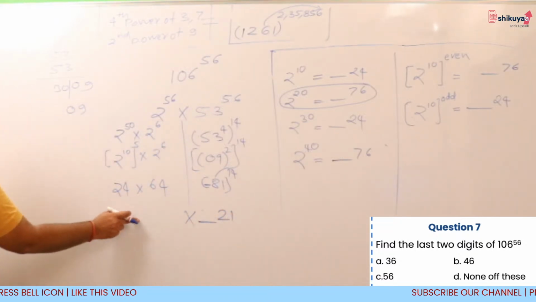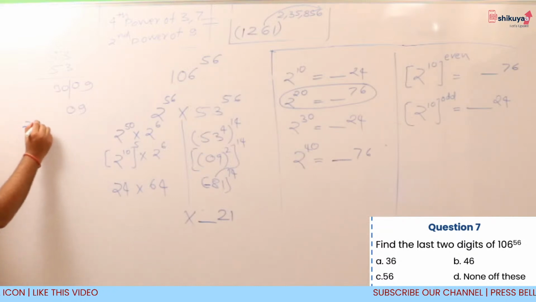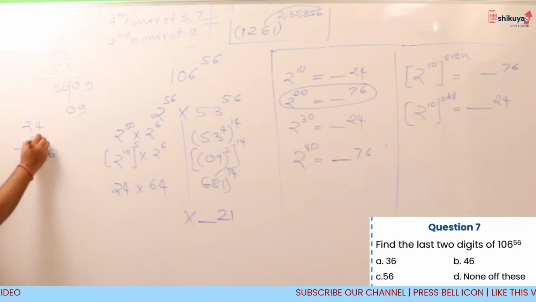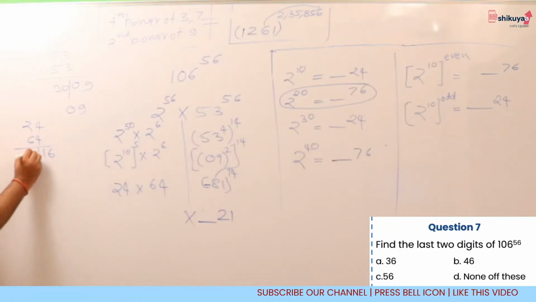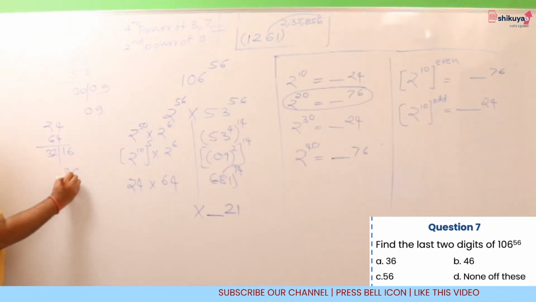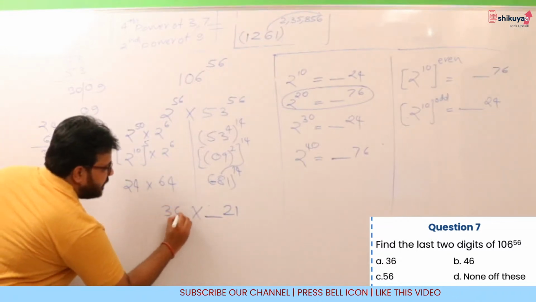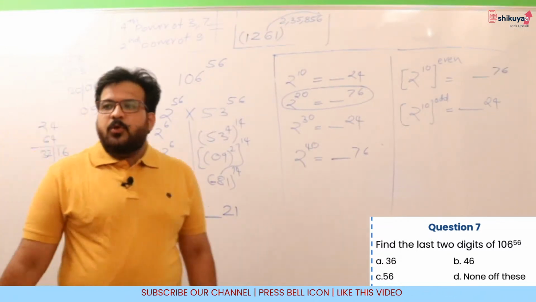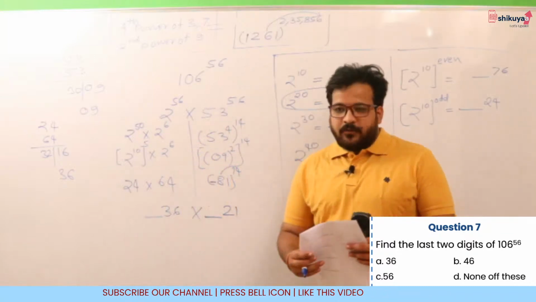And what about this? When we are multiplying 24 into 64, we will have 16 into 32. So 6 and 3, that is 36. Am I right? So multiply this, you will get your final answer.